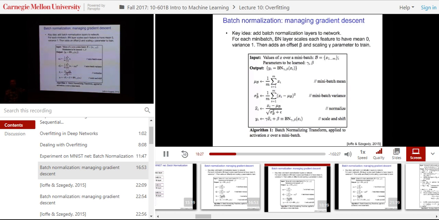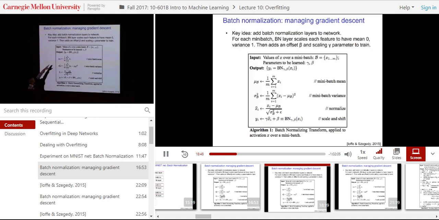I calculate the mean of those 20 values, and I subtract it from each value of feature 17. So I just force it to have mean 0. And similarly, I force it to have variance 1.